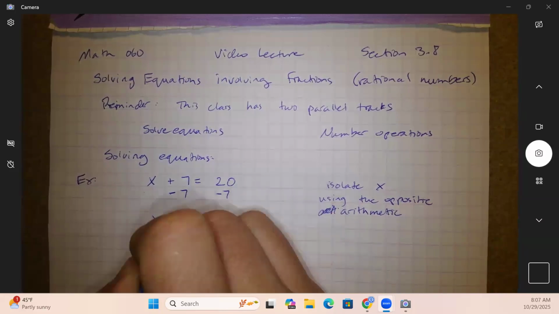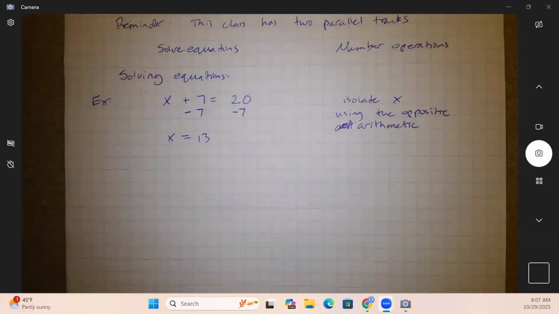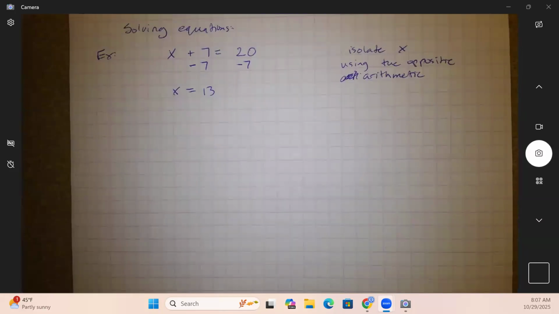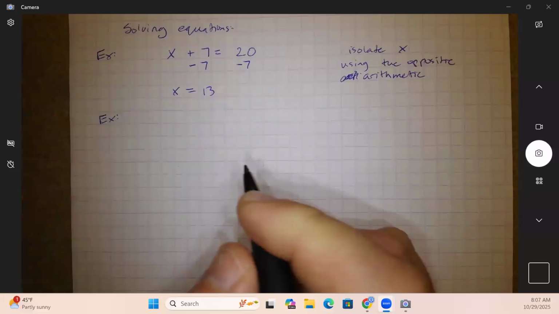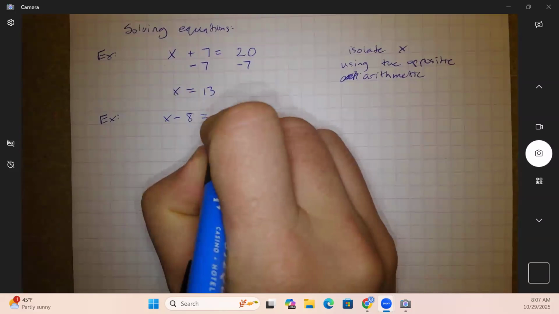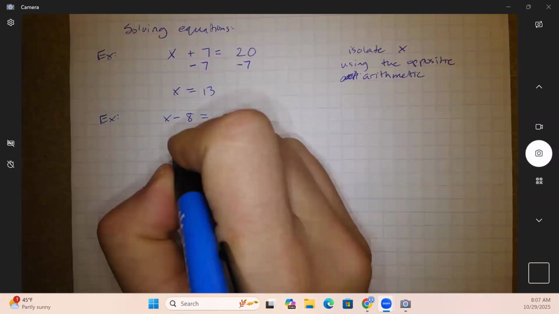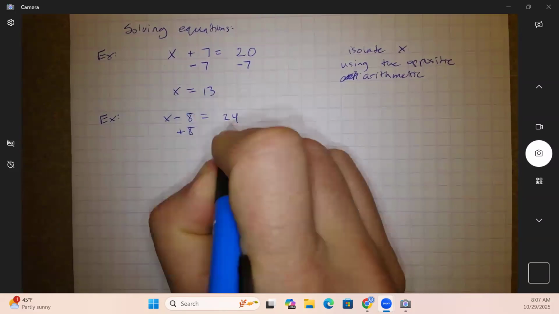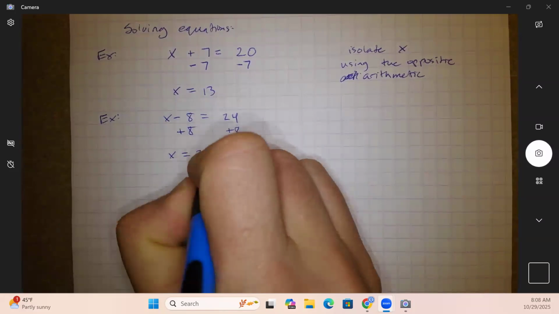And I get x equals 13. Lots more examples. What about x minus 8 equals 24? Well, since I'm subtracting 8, I want to use the opposite arithmetic operation. So add 8 to both sides and I get x equals 32.